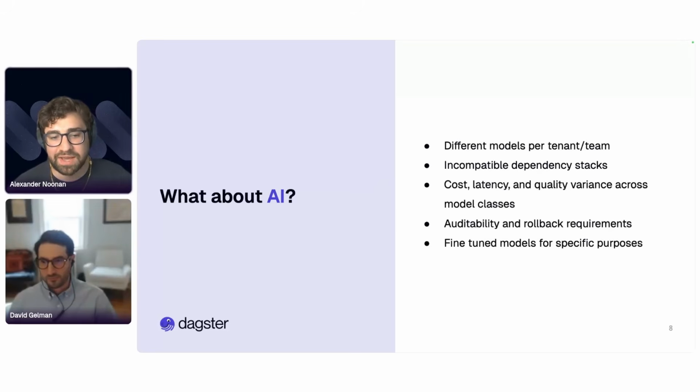And different tenants may have different tolerances for these trade-offs as well. And if you're in a regulated industry, you need to have auditability and rollback. If a model produces a bad result, you need to know which version that came from. And all this makes the case for treating AI model dependencies as a first-class concern in your multi-tenant architecture and not something you bolt on after the fact.